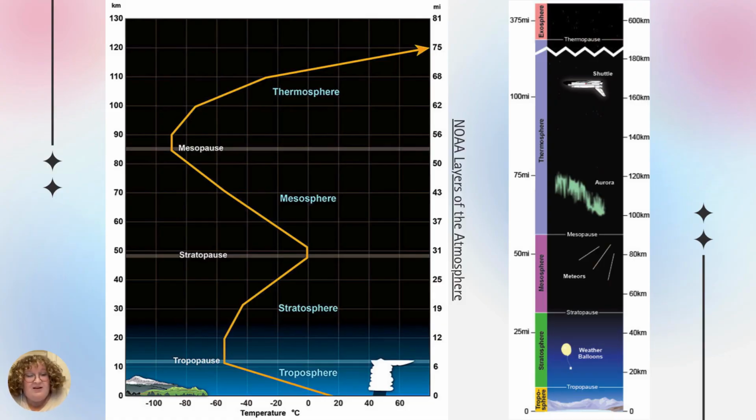And then as you can see, once we reach the stratosphere, we actually start to warm as we go up in the atmosphere, right? That's a little counterintuitive. And then when you go through the mesosphere, we start to cool again. And then once we get up to the thermosphere, we warm again. So we have this oscillation of cooling and warming as we go up in the atmosphere, mostly because of different gases and processes in place there.